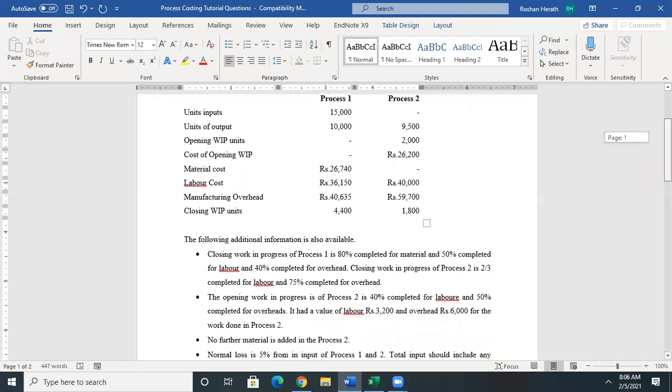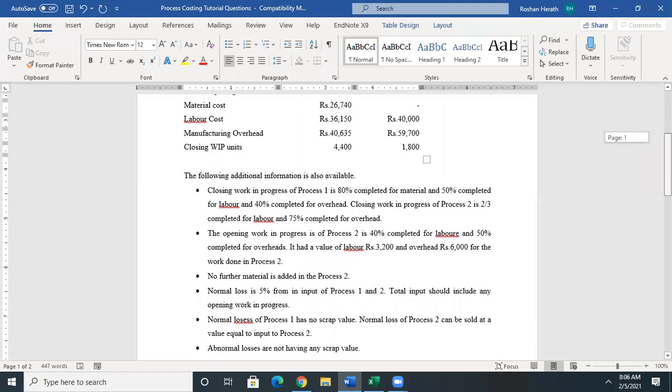Then the additional information says that the closing work in progress of process 1 is 80% completed for material, 50% completed for labor and 40% completed for overhead. The closing work in progress of process 2 is 2/3 completed for labor and 75% completed for overhead.